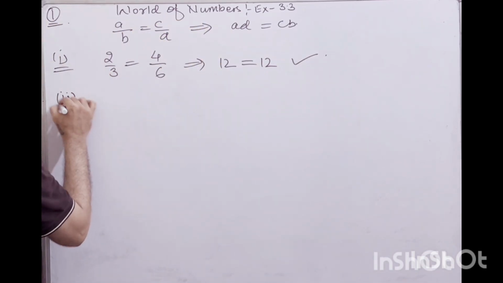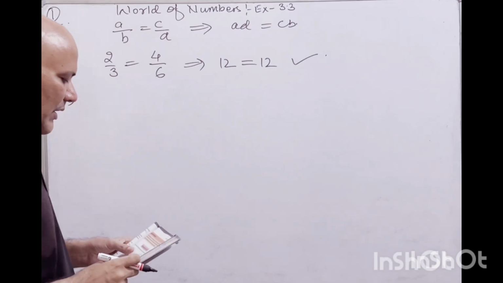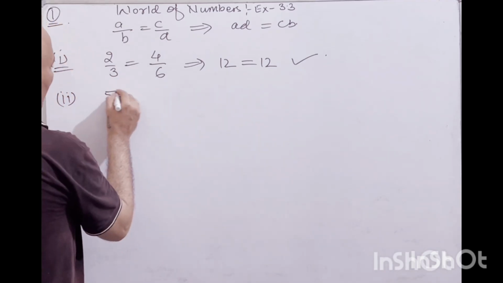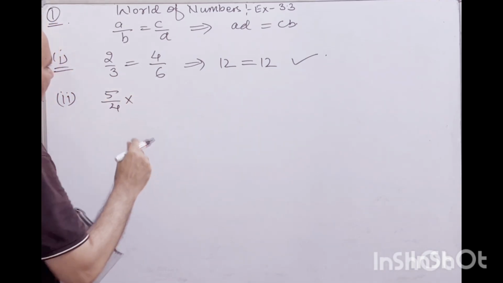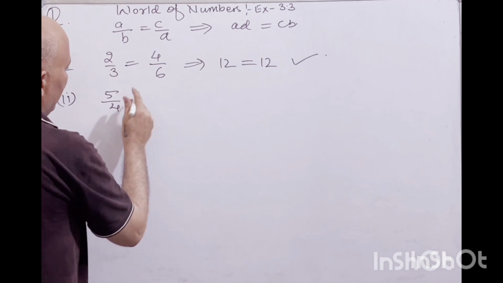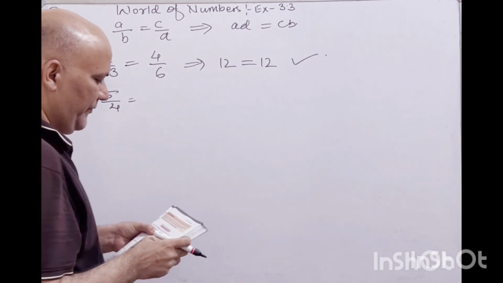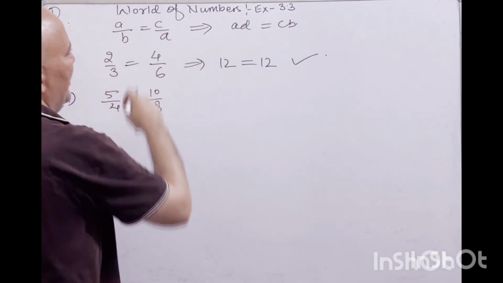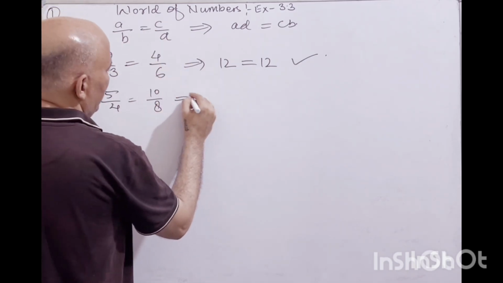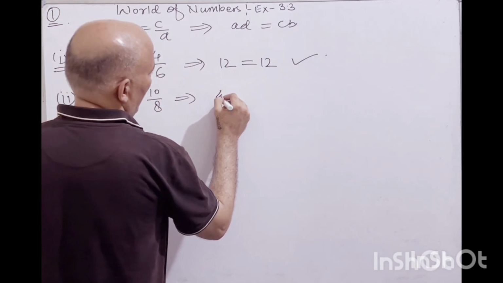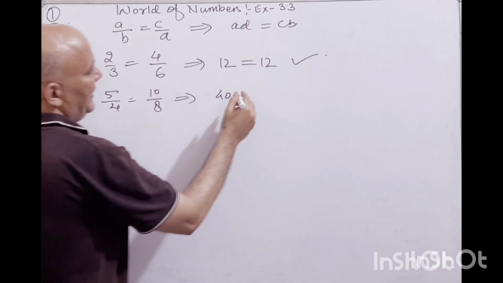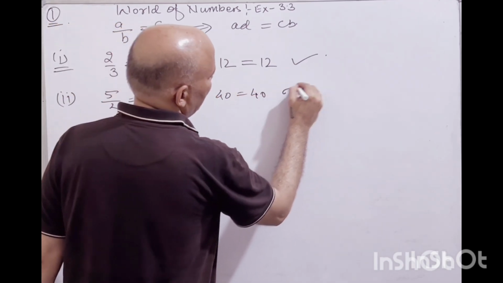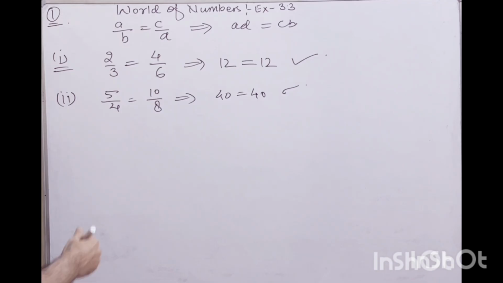Then the second one, 5/4, and we have given another rational number that is 10/8. If this proves this condition, right, cross multiplication, so 4 multiplied by 10 is equal to 40. This is also true. These are equal.